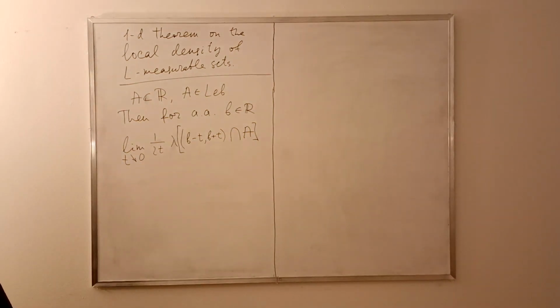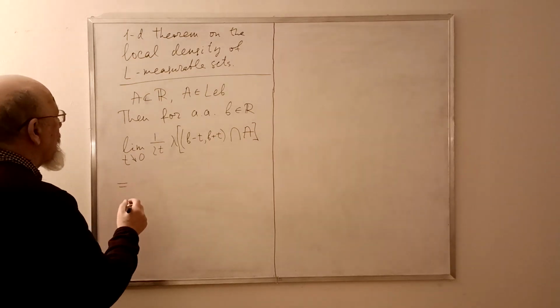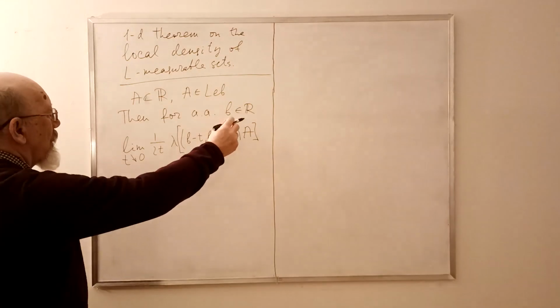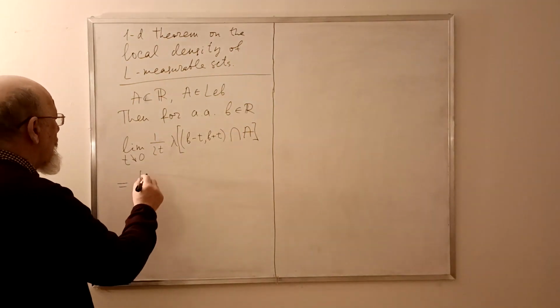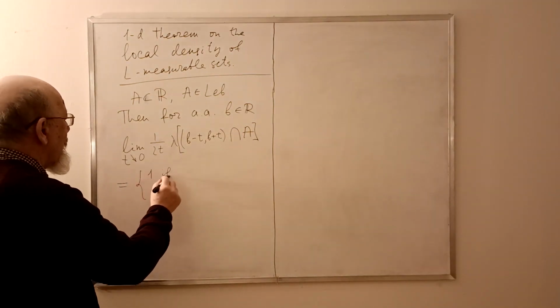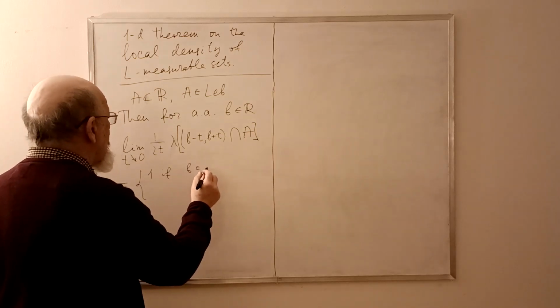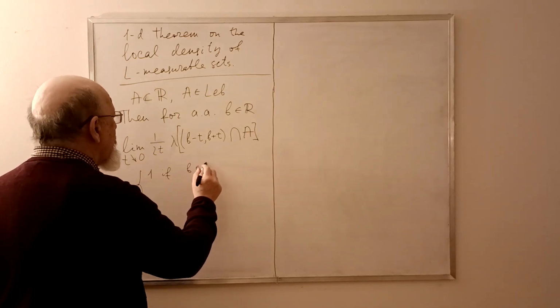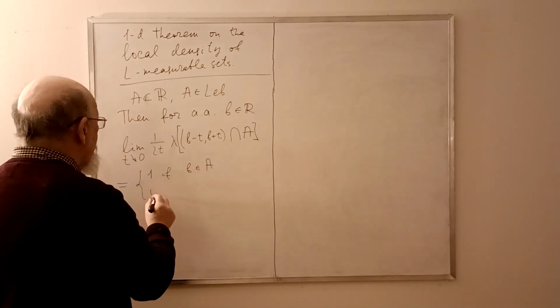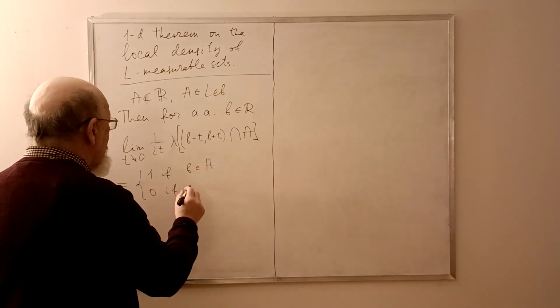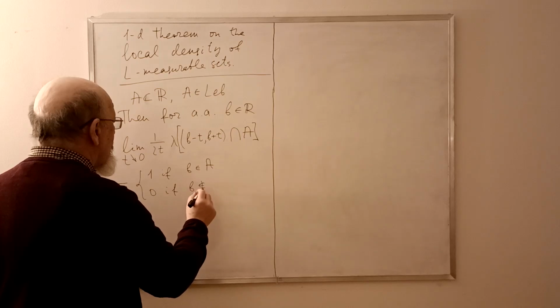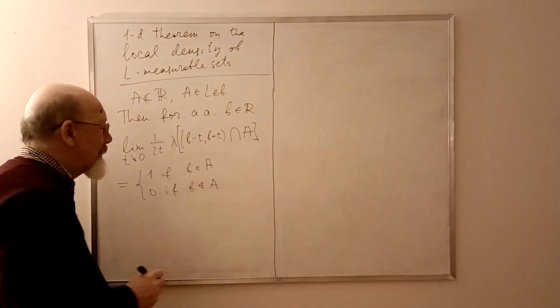And this limit, for almost all B, equals 1 if B is in A, and 0 if B is not in A.